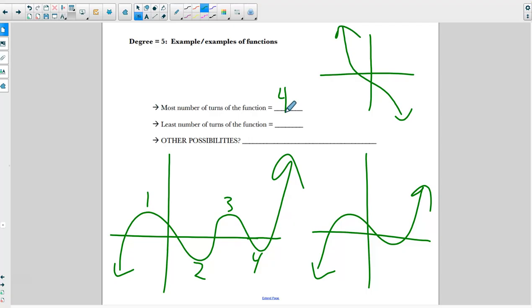What about my picture up here, top right? How many turns does it have? It doesn't have any. It has 0. What about this middle one? 2. So degree 5 also has the same as degree 3 and degree 1. Okay, now we're going to keep going.